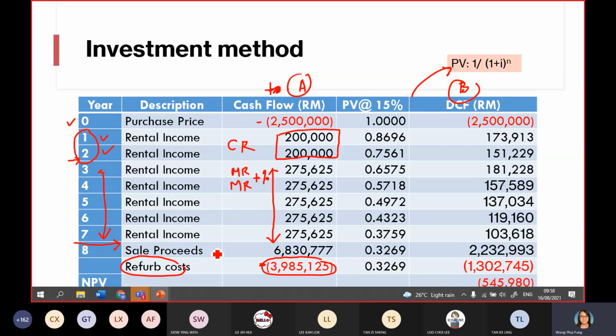Okay. What does it mean by sales proceeds is actually capital value? Remember just now, your client said at the end of the day, refurbished already, he wants to sell. He does not want to retain. He does not want to get rental income anymore. So at the end of the day, he wants to sell after refurbishment. So the next thing is you are going to calculate the capital value.